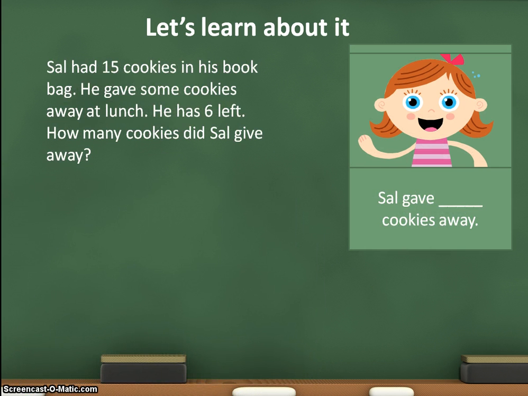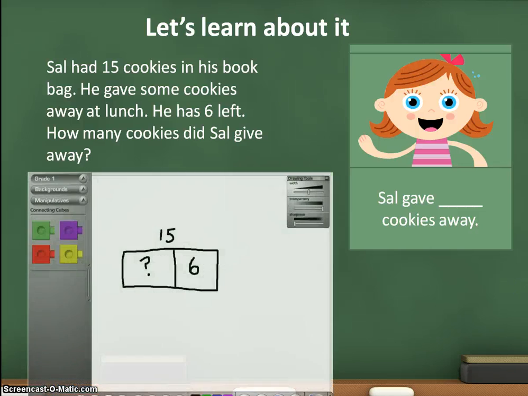Here's a problem that gives us information in a little different way. But is it a problem for us? No way. We are still going to approach it in the same way. Let's look at the model we created, the sentence we wrote, and the keywords in the problem. First, the problem and the model show us that 15 cookies is the whole amount. Then some cookies were given away and left Sal with 6.